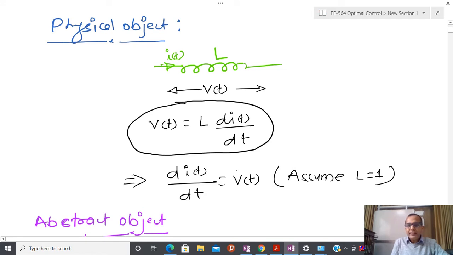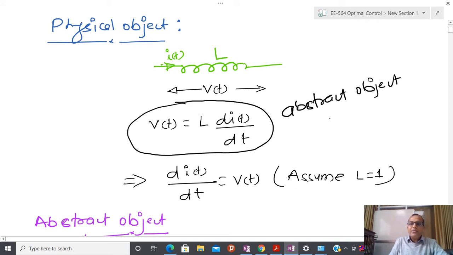So what we are saying is that initially this is my original physical object, and after that I have captured that object using a set of mathematical differential equations. So now this object is no longer a physical object, it is some kind of abstract object. And for abstraction we have used the idea of calculus.